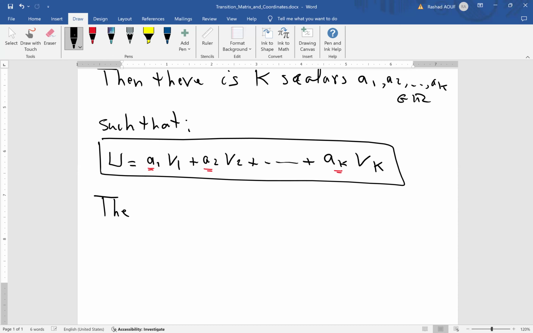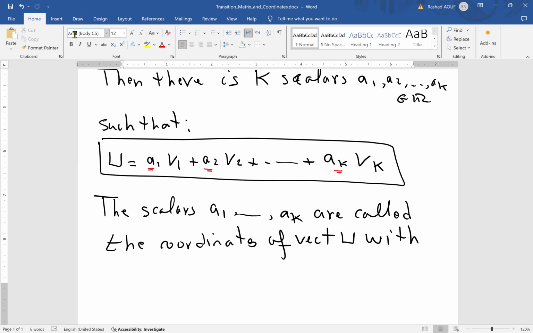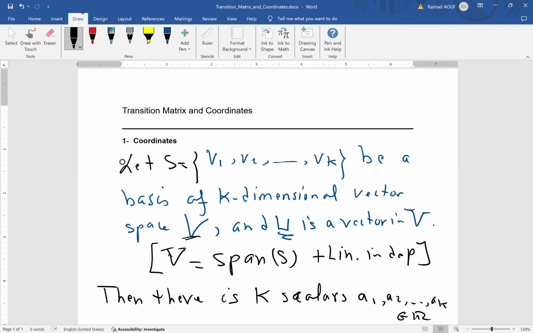The scalars A1 to Ak are called the coordinates of the vector U with respect to which basis?